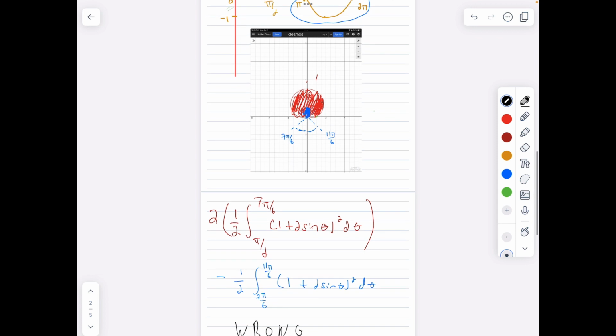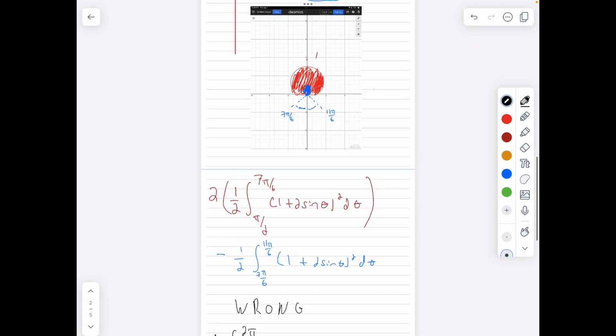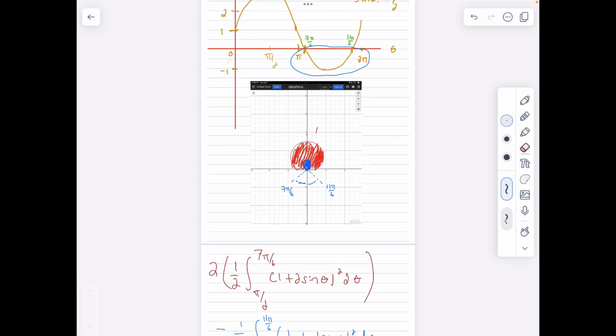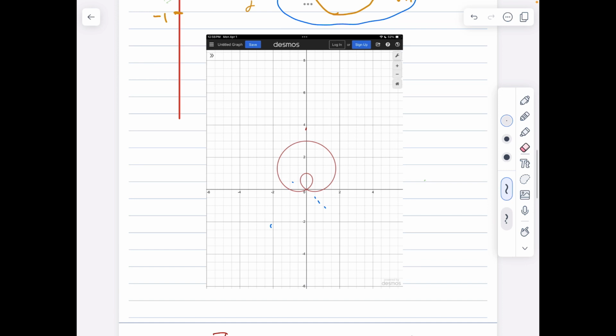Because if you go back to your graph here, and look at how much area you'd be covering with those limits of integration: if you start at 0 to pi over 2, you're looking at all this area right here. From pi over 2 to pi, you're looking at all this.